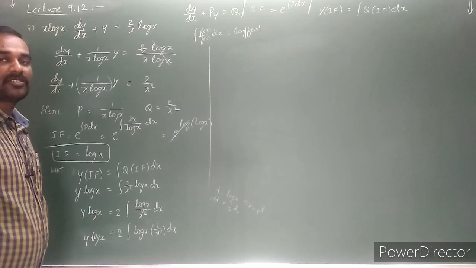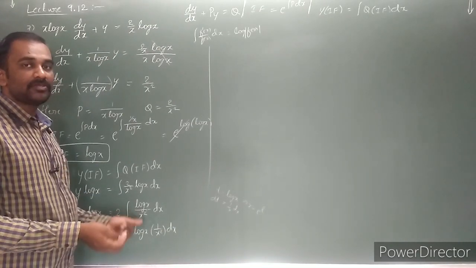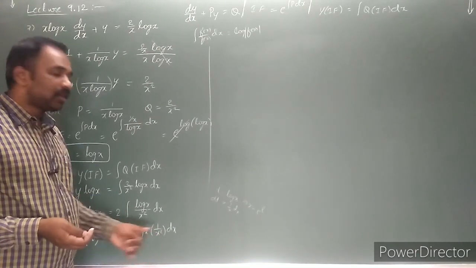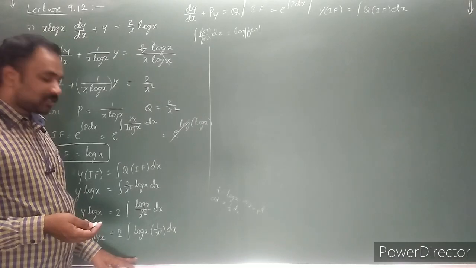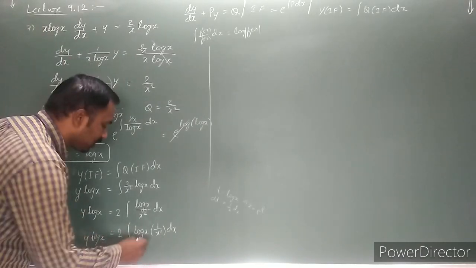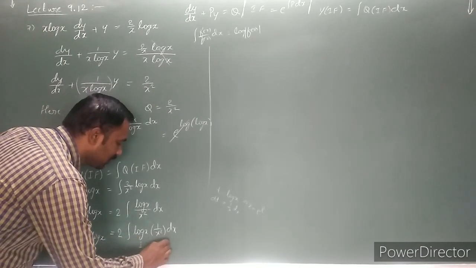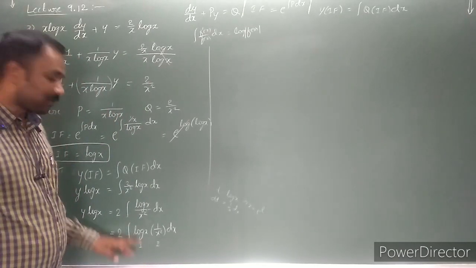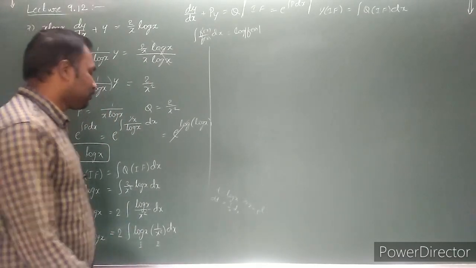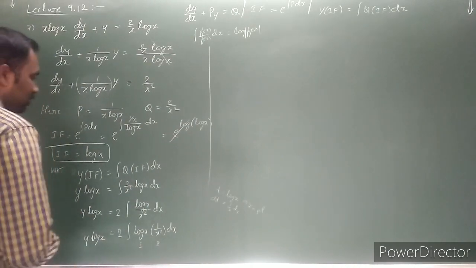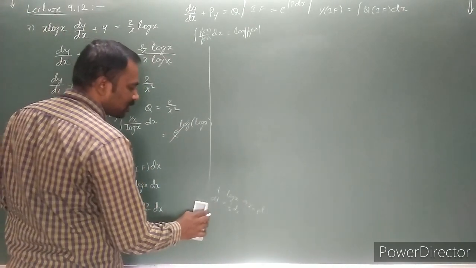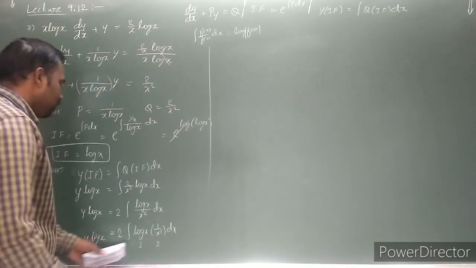Which is the first function, which is the second function? Log x, 1 by x square. Logarithmic function and algebraic function. So logarithmic is the first function, algebraic is the second function. Are you clear? So use integration by parts and check it. Or else you can use this one also, no problem.